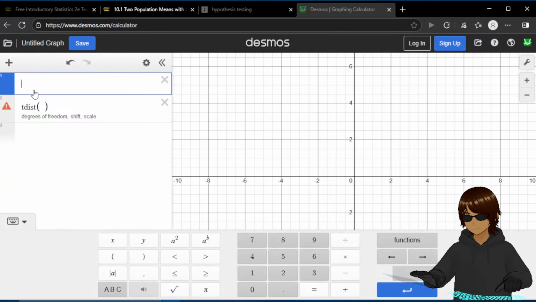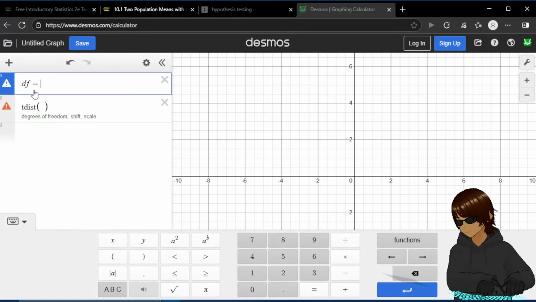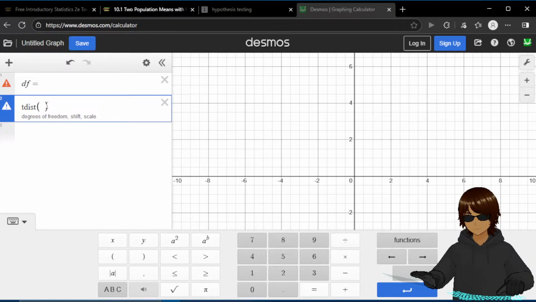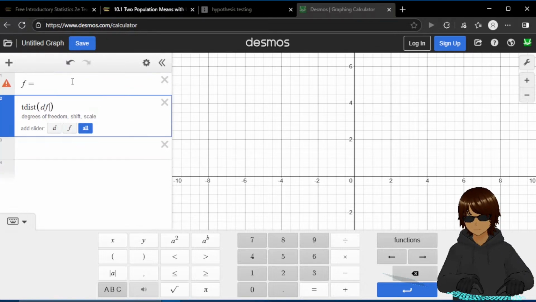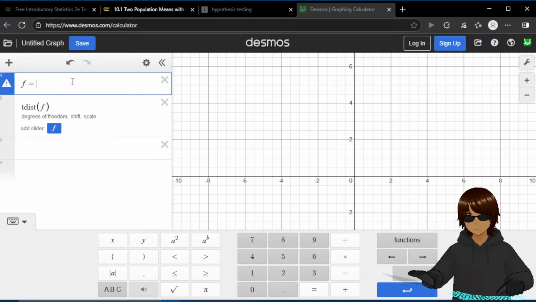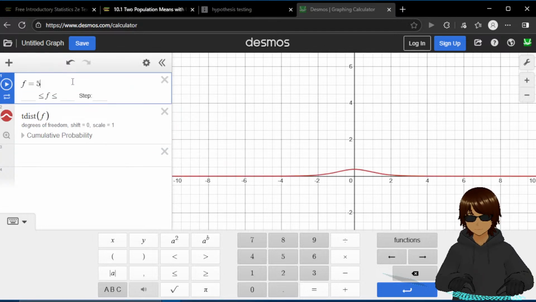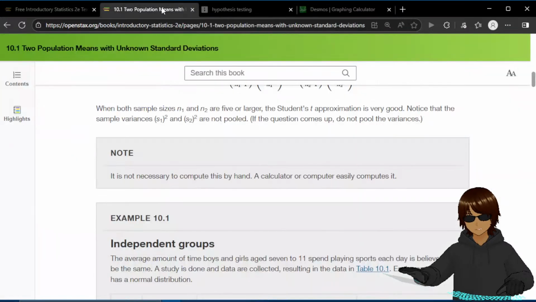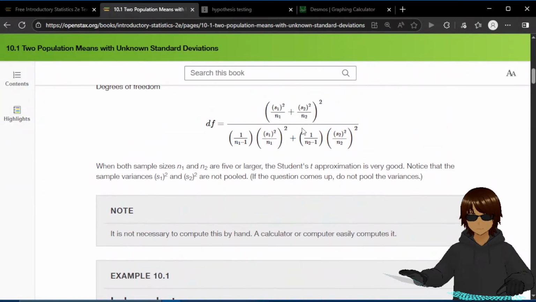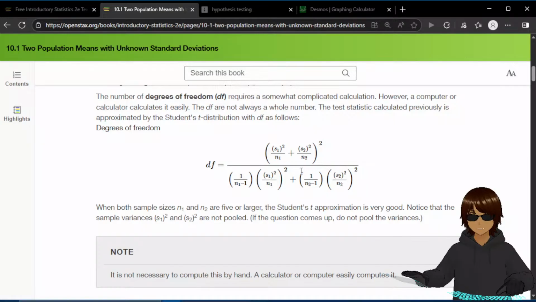So the degrees of freedom. I have to write this whole equation.